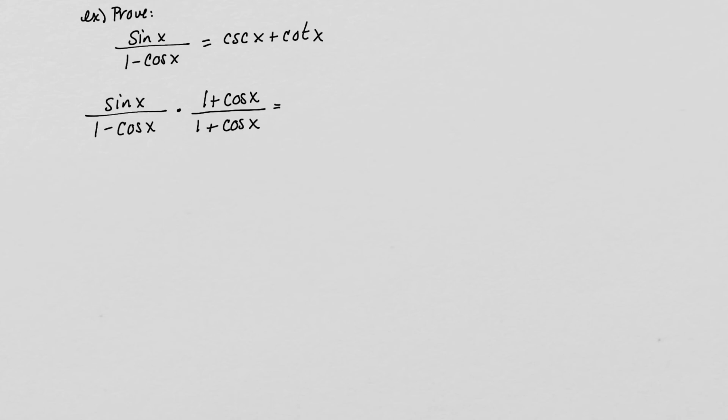So if I multiply things out here, I end up with sine x times 1 plus cosine x on the top. And on the bottom, I end up with 1 minus a cosine squared x. Those middle terms would go away. And then remember our Pythagorean identity says sine squared x plus cosine squared x equals 1.